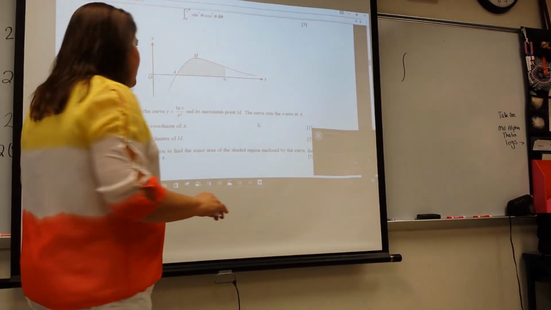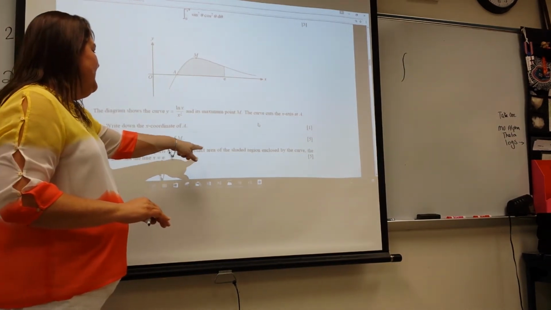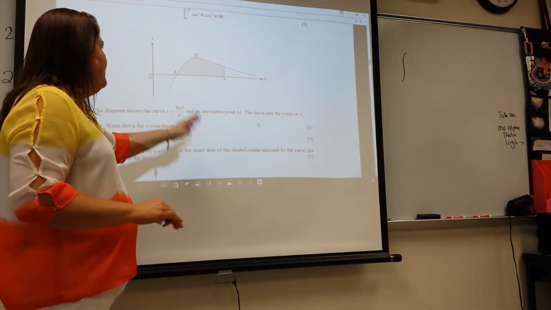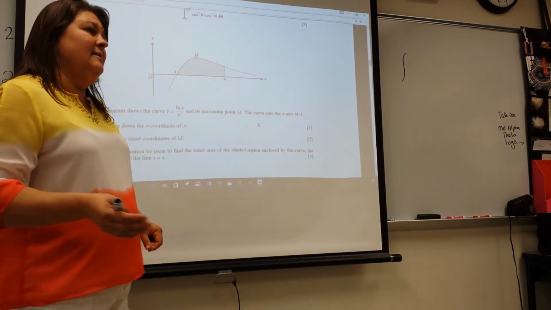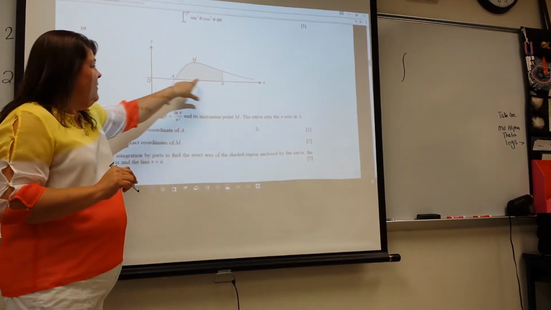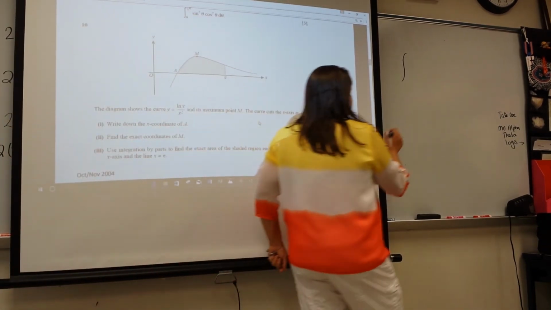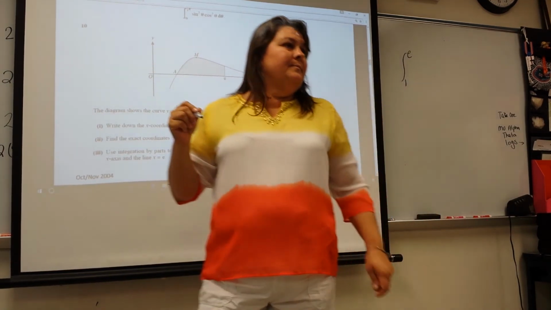Okay, so let's go ahead and look at this. It says use integration by parts to find the exact value of the shaded region. So it's going to be from here to here. What are my a and my b in this particular case? 1 to e. Do you know why it's 1?